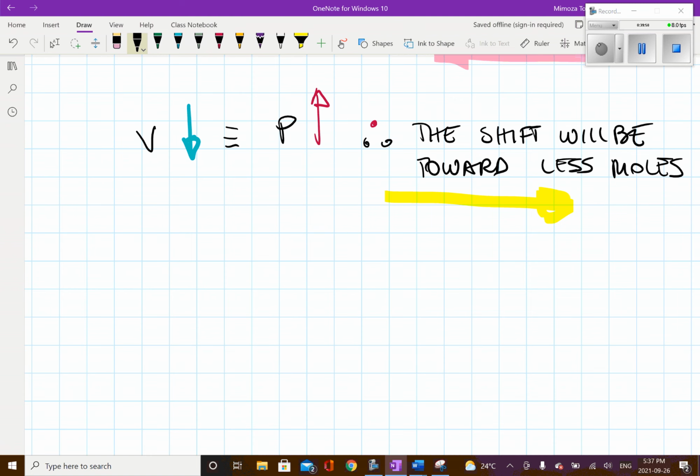So when we have a reaction, let's say X plus Y plus heat, which is endothermic, gives you Z. If you increase the temperature, which means you increase the heat, the shift will happen to use up that heat, going to the right, and the rate will increase.